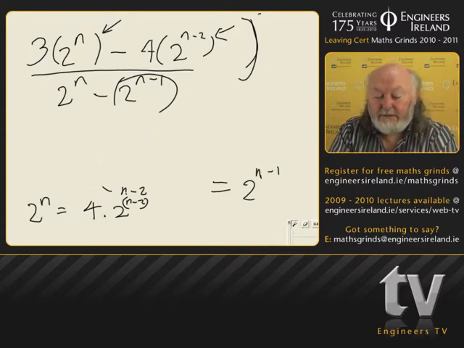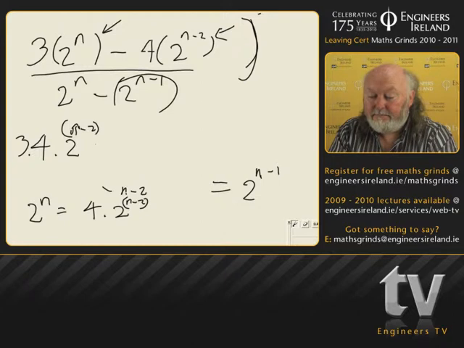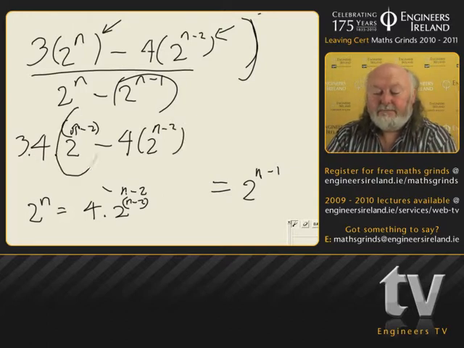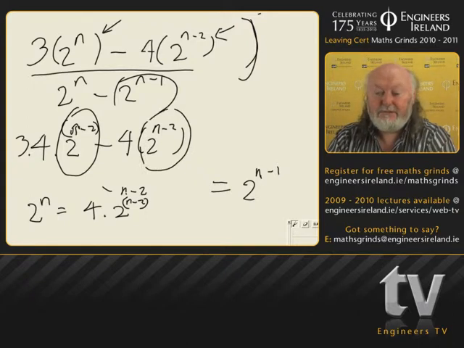I can rewrite the top line. Call that an apple. Call that an apple. 4 by 3 is 12 apples minus 4 apples is 8 apples.